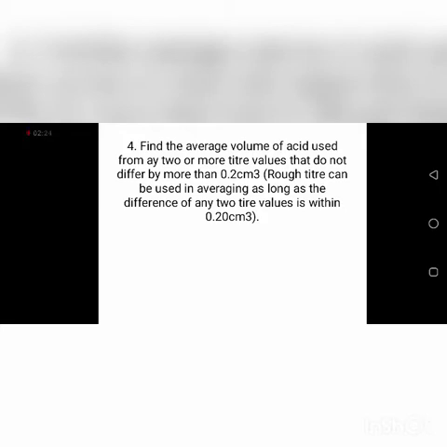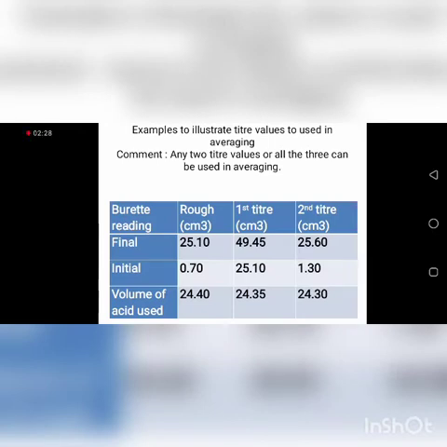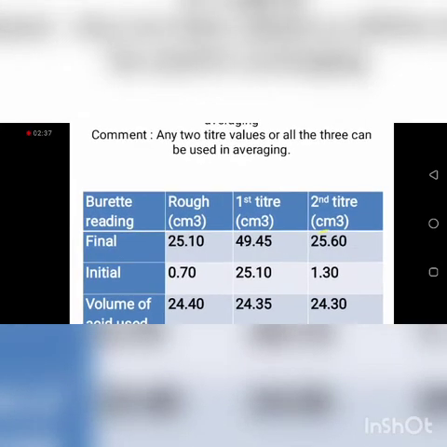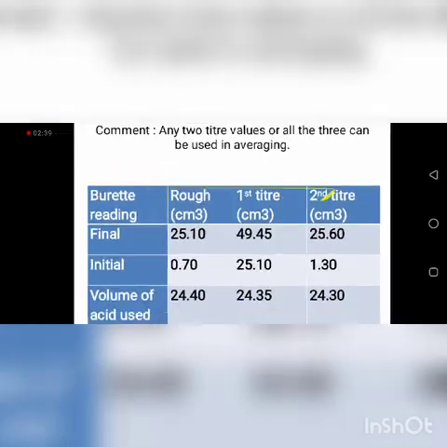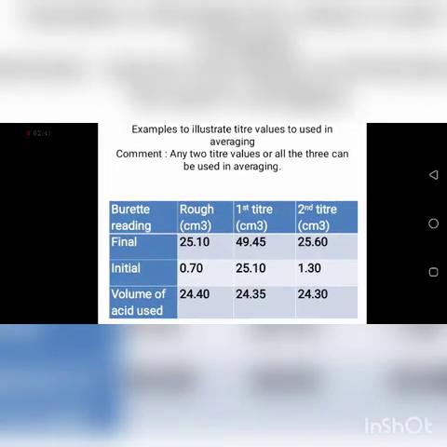I'm going to set an example for you to see how this works. So look at the example. These are examples to illustrate titre values to be used in averaging. Now, if you look at this particular table, we have burette reading, final burette reading, initial burette reading, and volume of acid used.